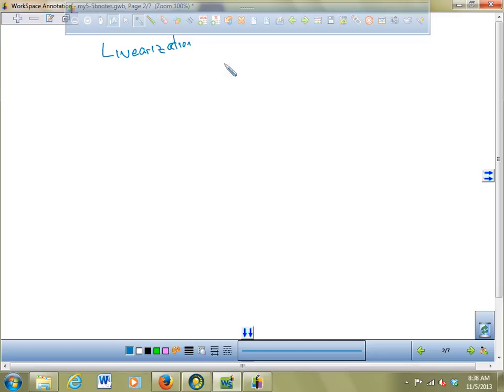So it says find the linearization, and what that means is turning the curve into a line.